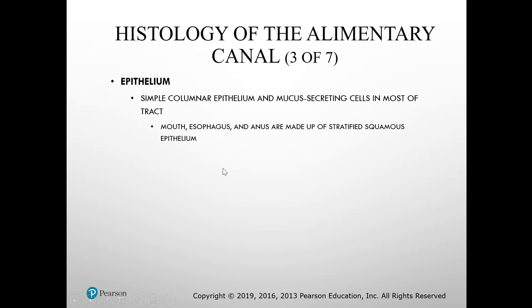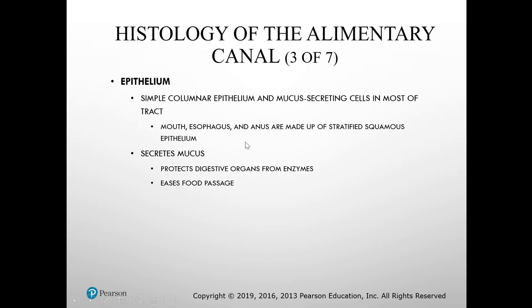From the stomach to your small intestine all the way down to your large intestine, you have simple columnar epithelium. However, the mouth, the esophagus, and the anus are all made up of stratified squamous epithelium.